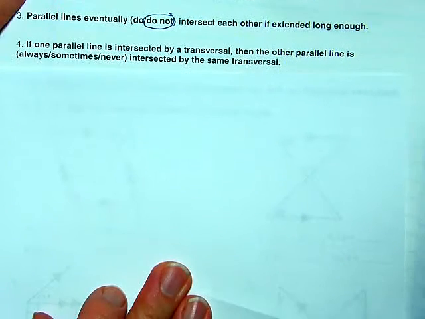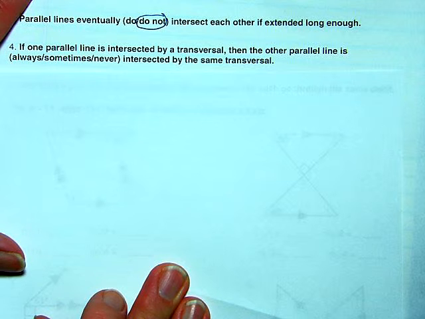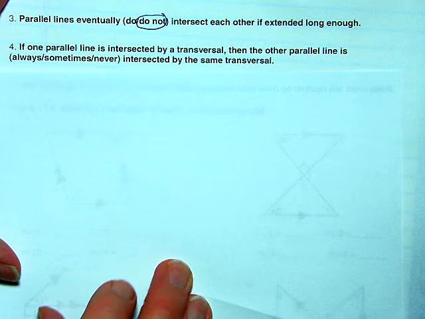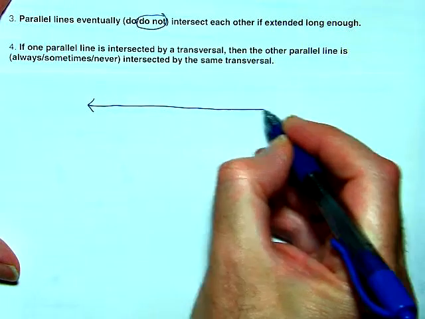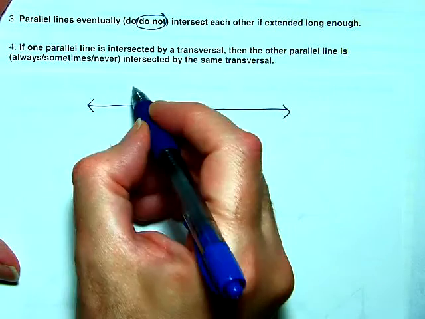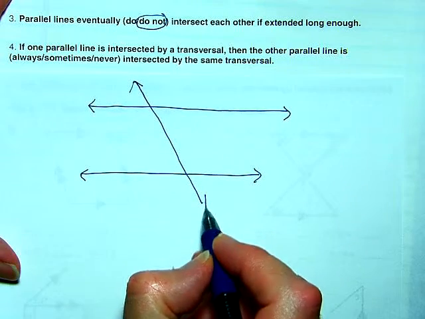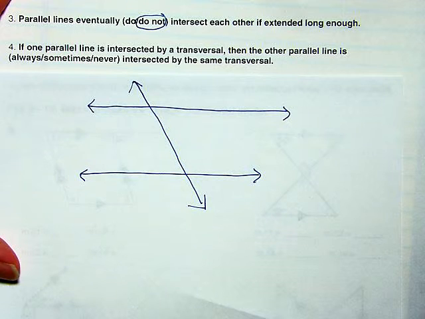If one parallel line is intersected by a transversal, then the other parallel line is always, sometimes, or never intersected by the same transversal. So let's draw a picture. Let's draw parallel lines, and now let's draw one of the parallel lines being intersected by a transversal. I think you can see that the answer is going to be always.